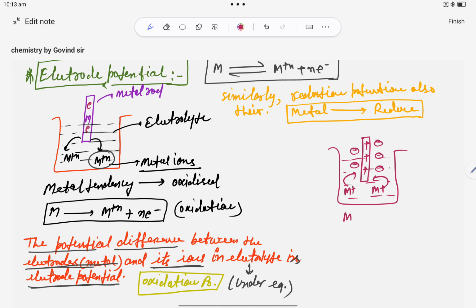So what happened? Metal ion accepts electrons and converts into metal. So it's called reduction potential. So two kinds of potentials are there: oxidation potential and reduction potential. If the metal tends to get oxidized, then oxidation potential; if the metal tends to get reduced, then reduction potential. So these are the things of electrode potential. Hope it is clear to you.